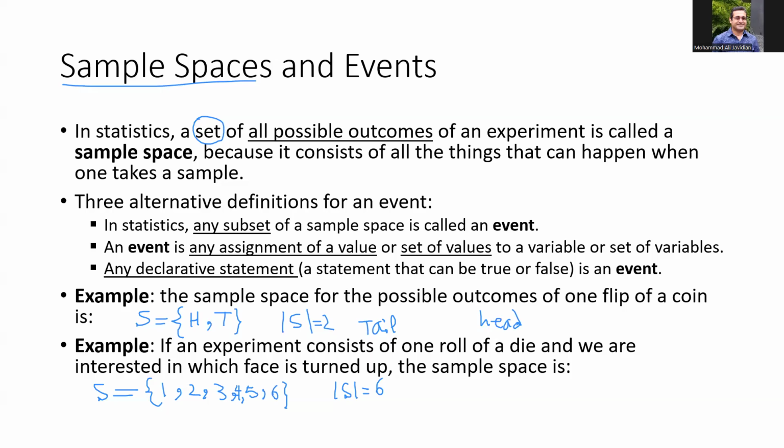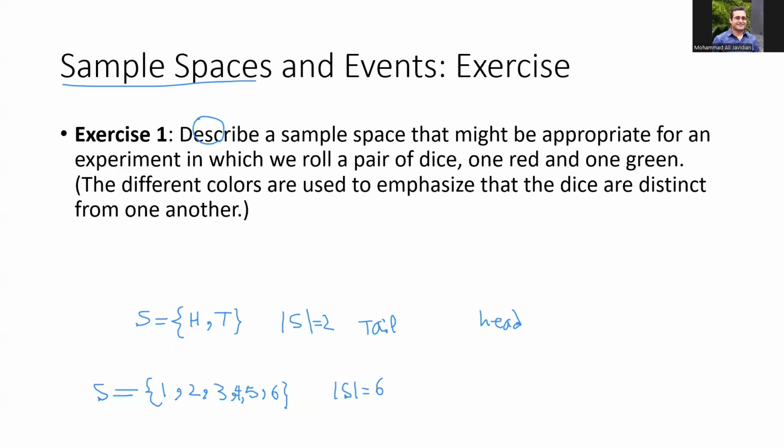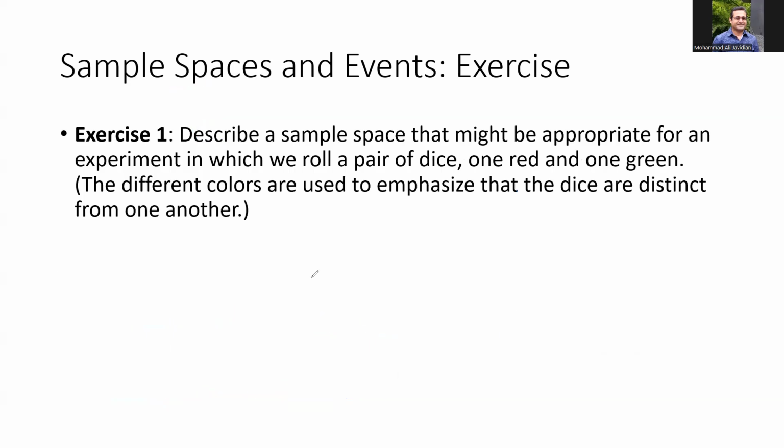Another concept is the event, which means a subset of a sample space. So, for example, if you roll a pair of dice, one red and one green, what would be the sample space in this scenario? It's very simple.